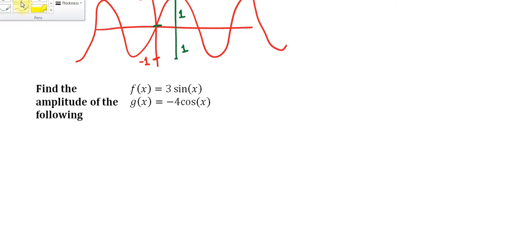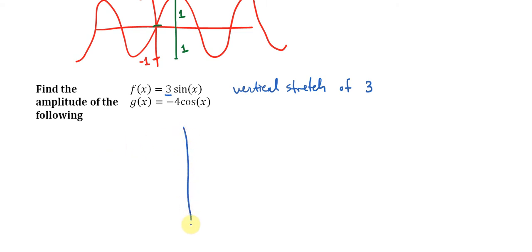All right, so now let us talk about some other cases where we may not have the original parent function. We have some transformations here. So this 3 here, remember, this is a vertical stretch of 3. So when we graph f of x, it's going to look something like this graph that I'm drawing here.